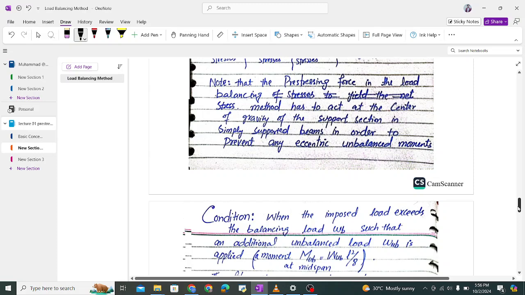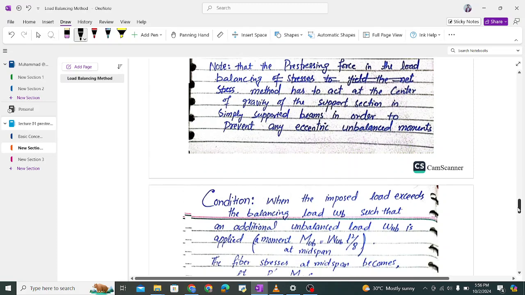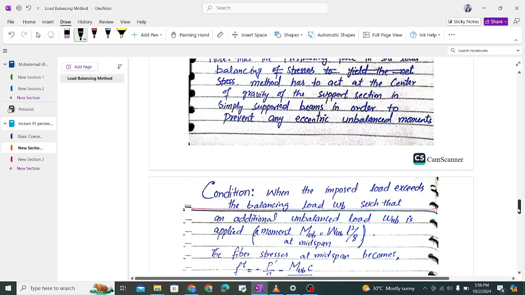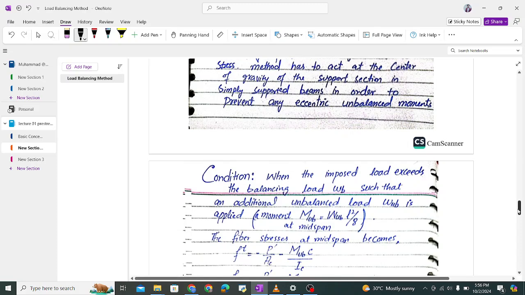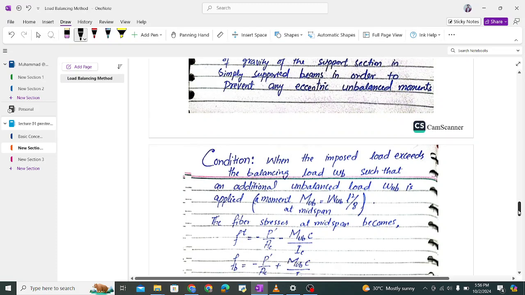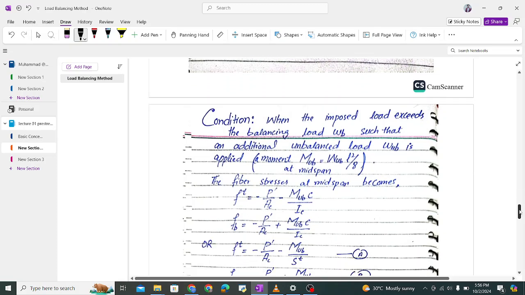Let's move to a condition. The condition says: when the imposed load exceeds the balancing load. Yes, it may be the case, or sometimes it is the case. So when the imposed load exceeds the balancing load WB, such that an additional unbalanced load WUB is applied. In the numerical problem we will further explain this condition with a clear concept.